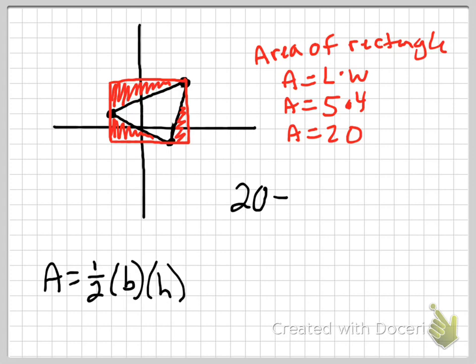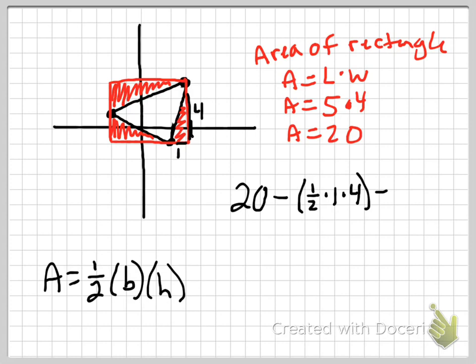Okay, it does not matter which one you start with, so I'm going to start with this one on the right hand side. So I know that these 2 sides right here are nice easy ones to count. This is a 1 by, 1, 2, 3, oops, I lost my count, 1, 2, 3, 4. So I'm going to have to minus out the area of that triangle, which is 1/2 times 1 times 4.